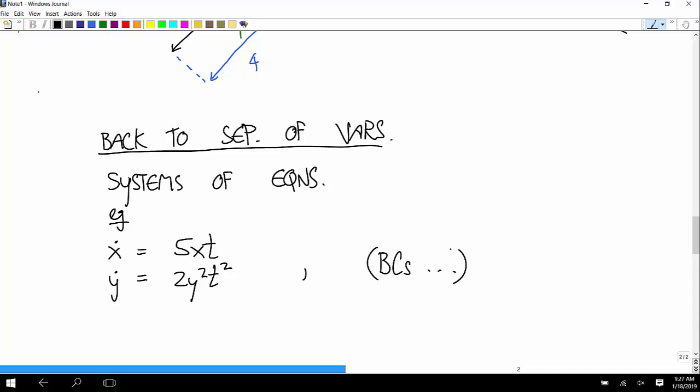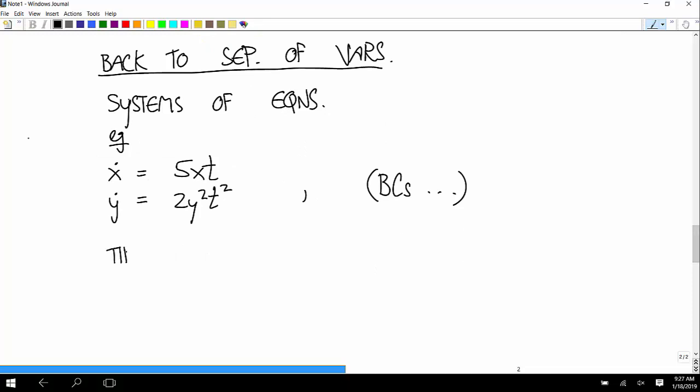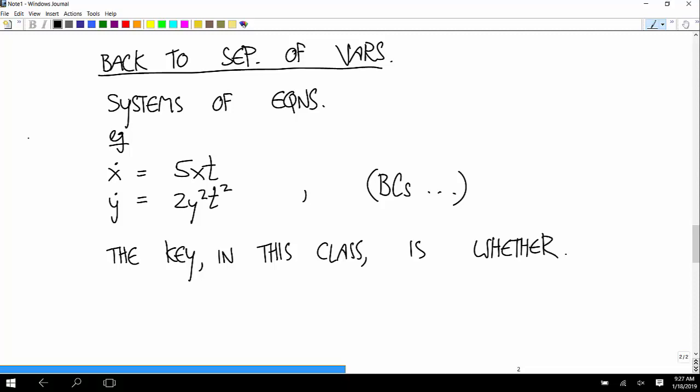There are ways to solve them. I'm just going to talk about the kinds that you'll see in this class, and there are ways to solve other ones. But key in this class is whether the equations are coupled or uncoupled.